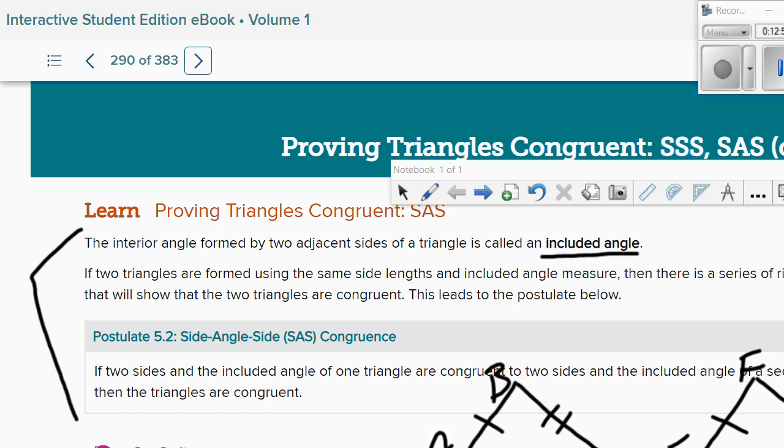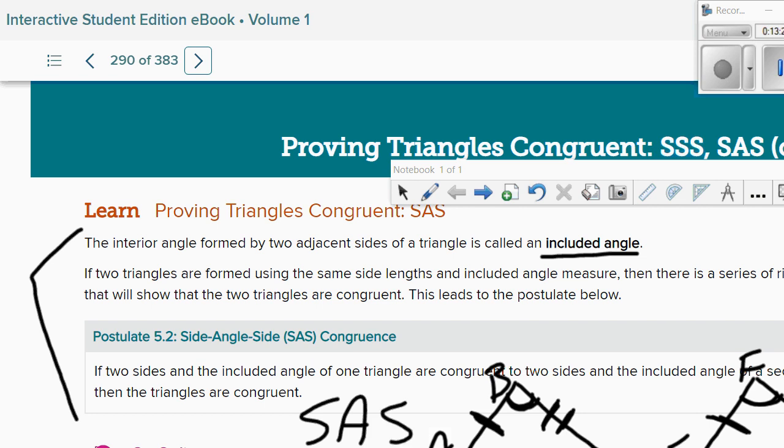Okay, in the definition, the included angle is the angle created by the sides that are equal. Okay, so I've got AB and BC creating angle B, and over here I've got side EF congruent to side FG, and they're creating the angle F. And then if F and B are congruent, then I can prove that these triangles are congruent by side angle side.